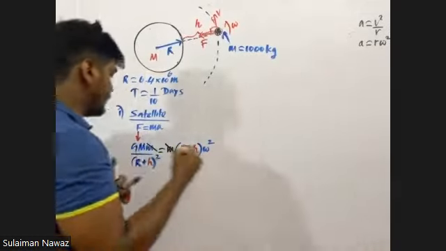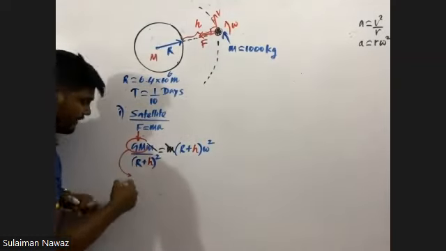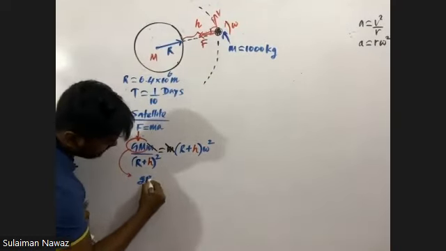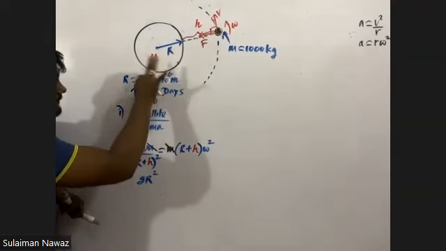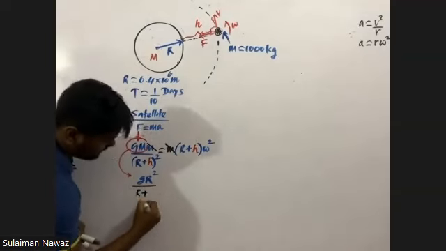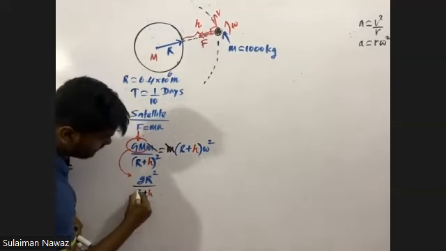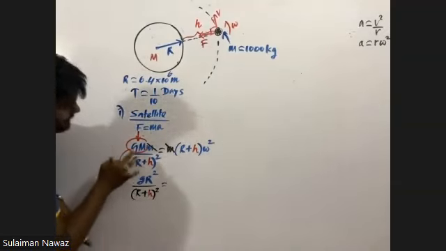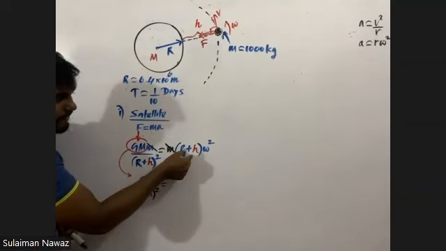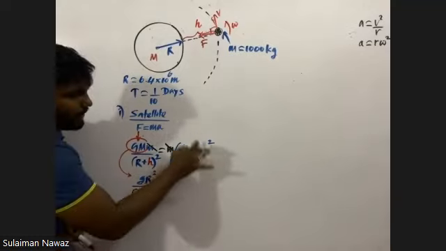So g R squared over (R plus h) squared equals (R plus h) omega squared. If I bring this one to this side, it is R plus h cubed omega squared.